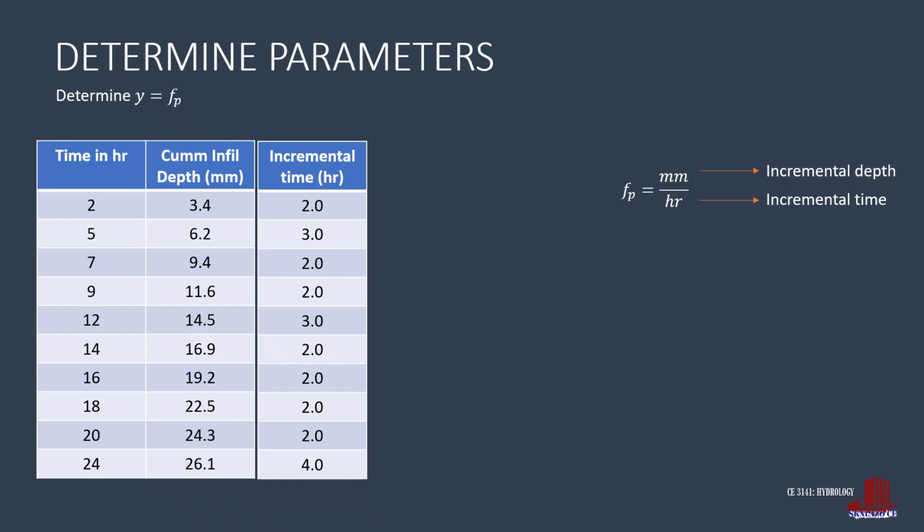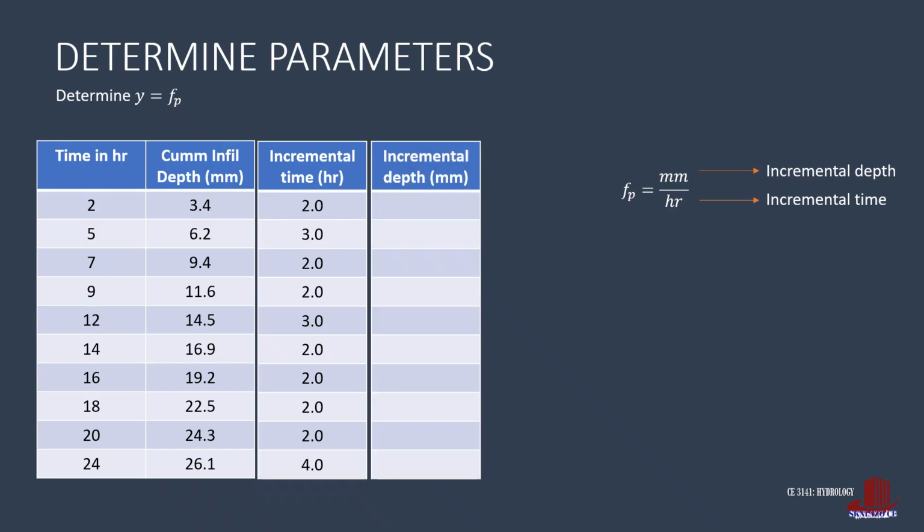Next is to solve for the numerator, incremental depth. The provided table has accumulated infiltration depth, so we also need to take the incremental infiltration depth using the same procedure. So take the first input as 3.4, followed by the difference of 6.2 and 3.4, which is 2.8. Then take 9.4 minus 6.2, giving 3.2.